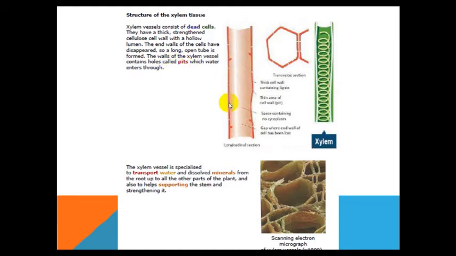These are the pits, the little holes through which water will enter, and then it will be transported throughout the plant through the xylem vessel. They are specialized to transport water and dissolved minerals from the roots to other parts of the plant. Another function is to help support the stem and strengthen it.